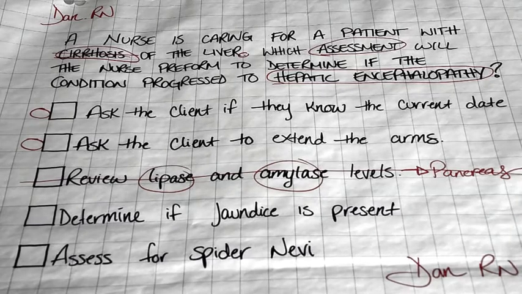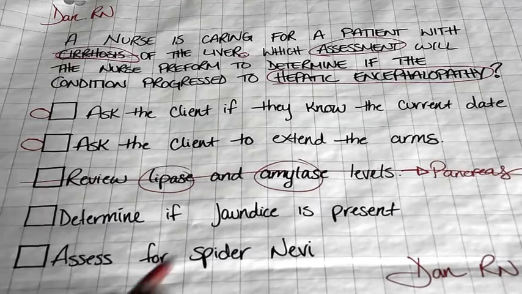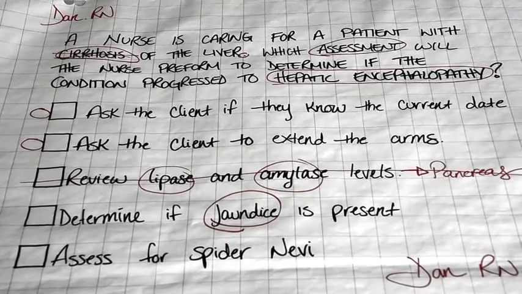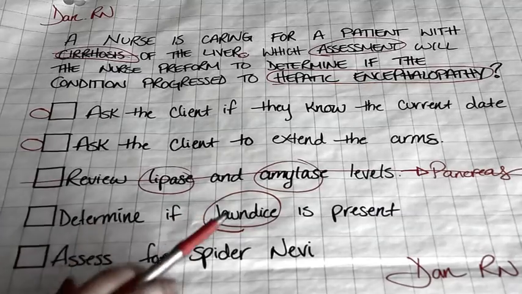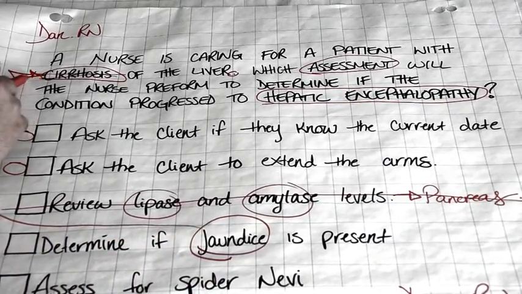However, if you know your pathophysiology about hepatic encephalopathy, you know that jaundice is not part of hepatic encephalopathy, but it may be part of cirrhosis of the liver.